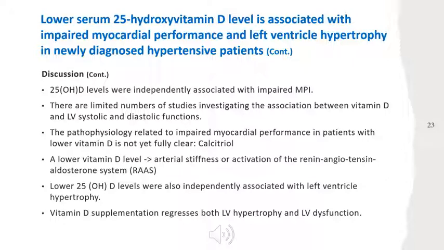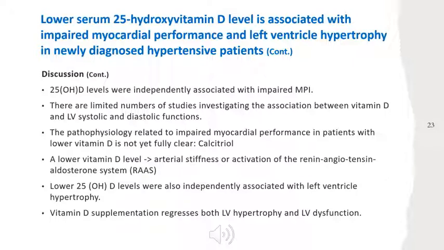The relationship between lower vitamin D and increased arterial stiffness is well known. Increased arterial stiffness affects both left ventricle systolic and diastolic functions. Therefore, lower vitamin D levels may be effective on impaired myocardial performance via increased arterial stiffness.